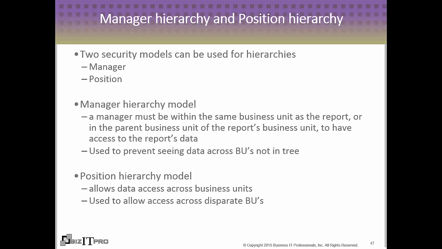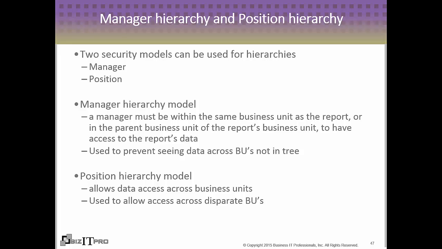The manager hierarchy model is set up so that a manager must be within the same business unit as the report or in the parent business unit of the report's business unit to have access to the report's data. This is used to prevent seeing data across business units that are not in the same tree structure, i.e., if you have a division that has its own set of business units, managers in that tree can see subordinates down the tree.